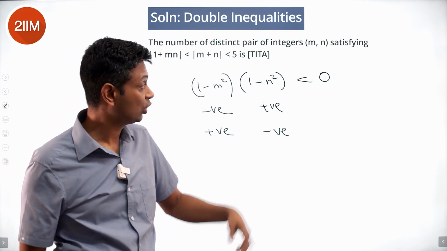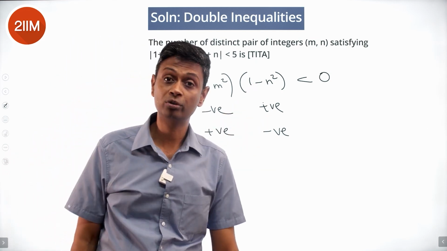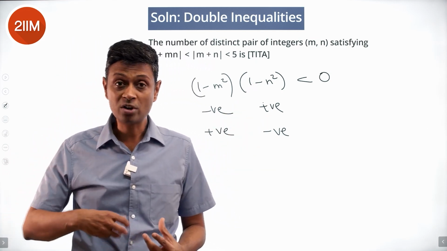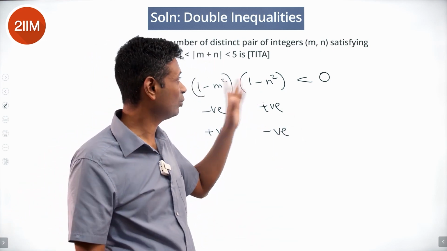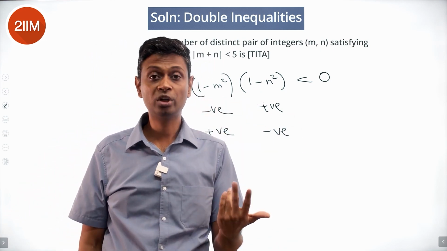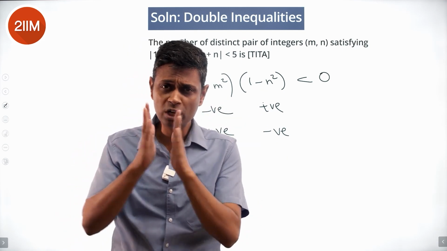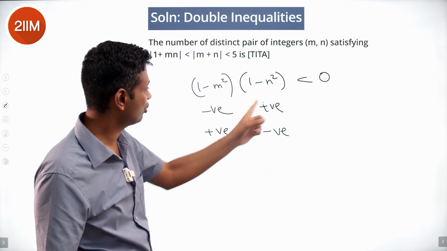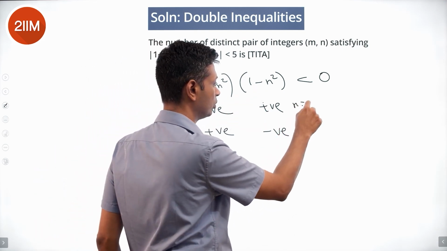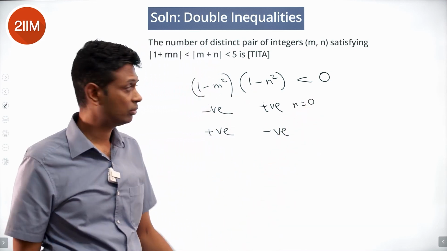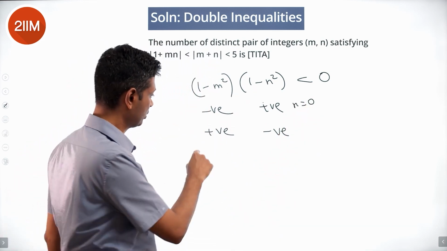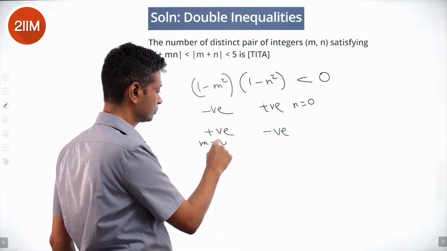Lots of numbers. 1 minus n square is positive. 1 square is 1. N can't be 1. It will become 0. 2, 3, 4, 5, it won't work. Only possibility where 1 minus n square is positive is when n equal to 0. Only possibility where 1 minus m square is negative is when m is 0.